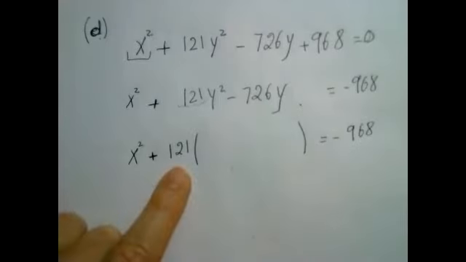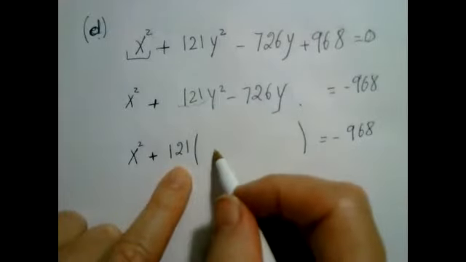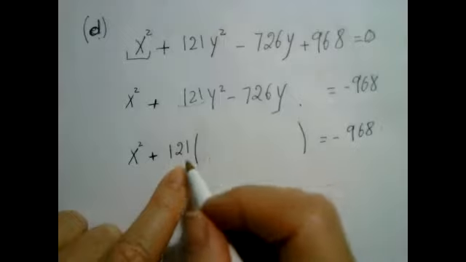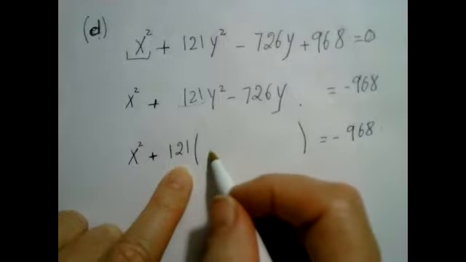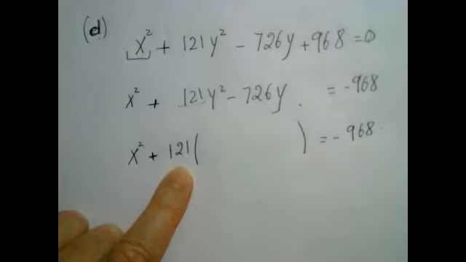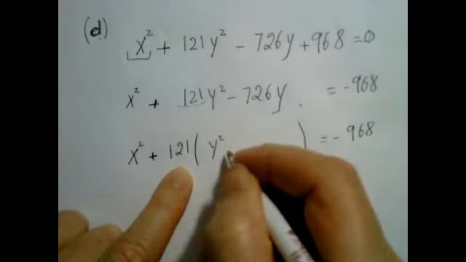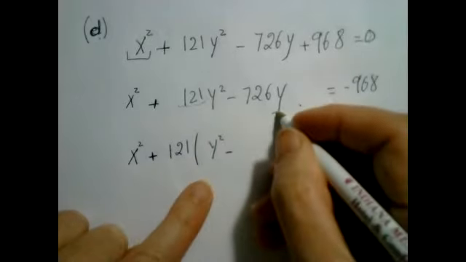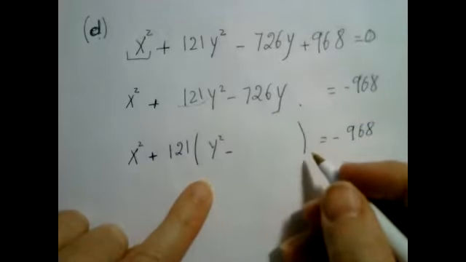If I factor out 121, tell me what shall I write here? Please, all of you, or I will start. Y minus 6. What? Would it be y squared? That's y squared, y. And what should this one be?